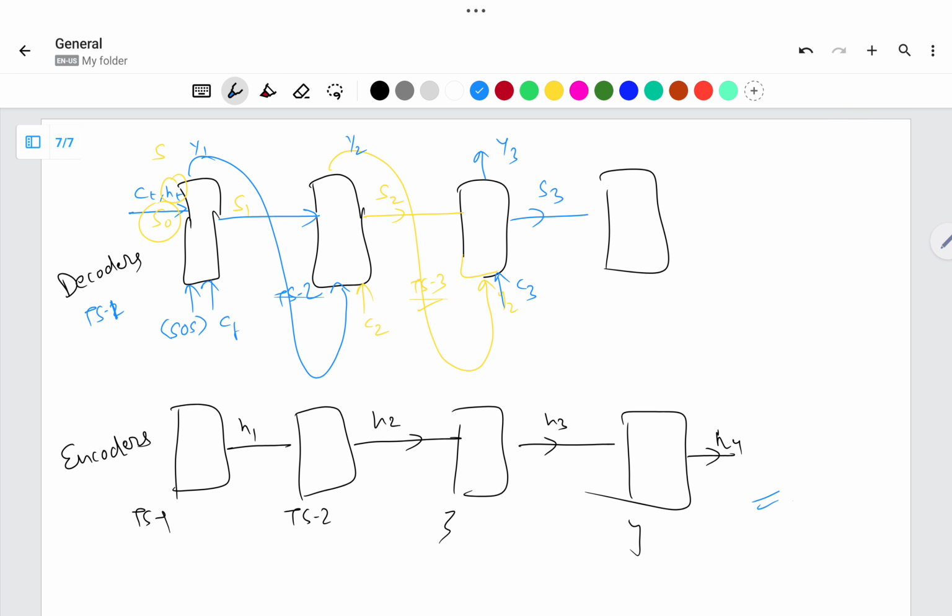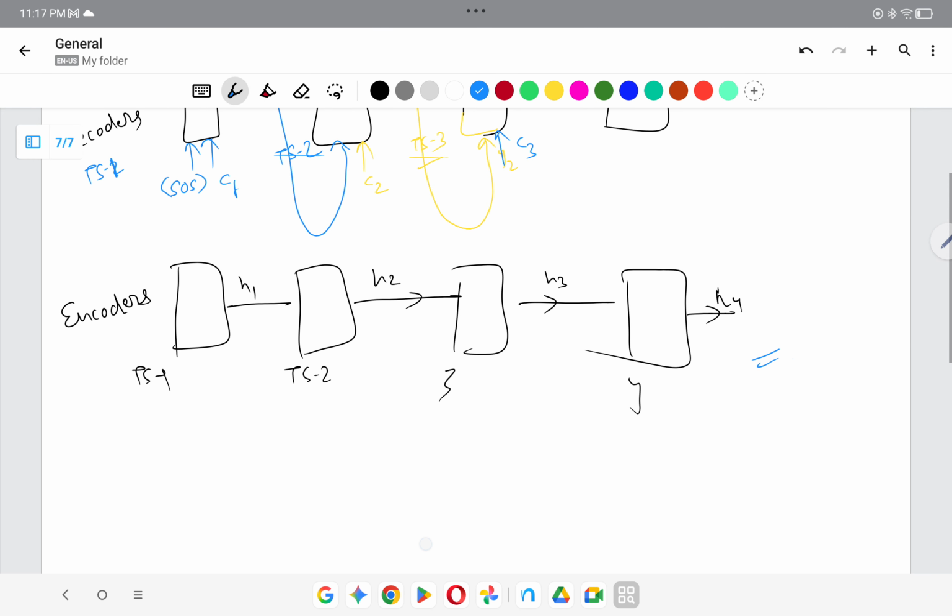When we talk about the outputs Y1, Y2, Y3, we are talking about the hidden states, because we do certain operations on our hidden states, like we apply softmax or we pass it through feed forward neural networks. So whatever it is, we obtain our output vector only after we do certain operations on our hidden state at every time step.